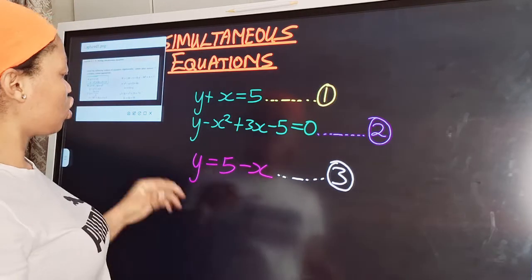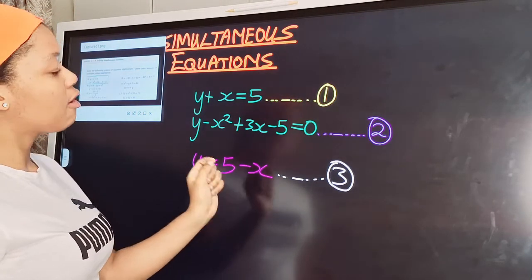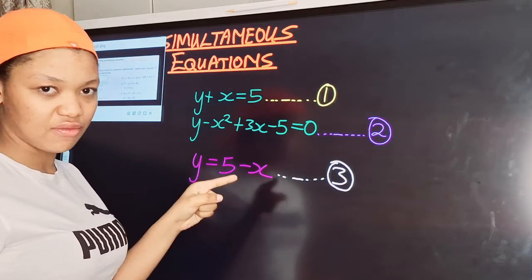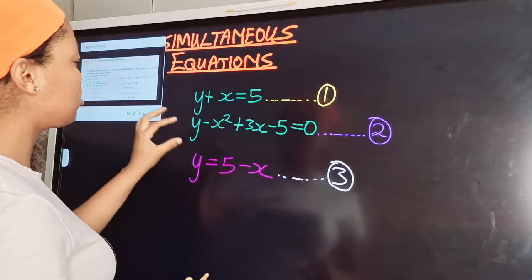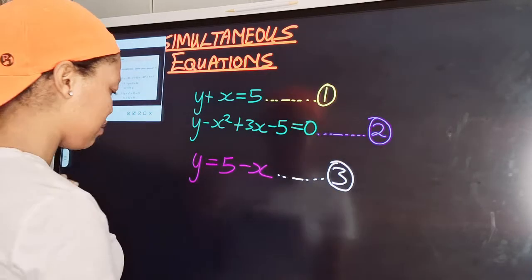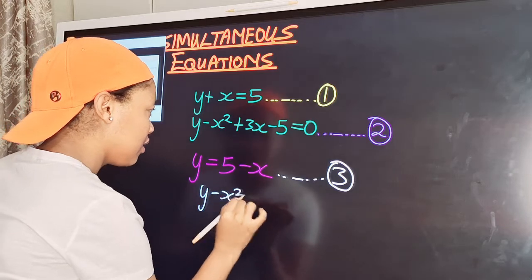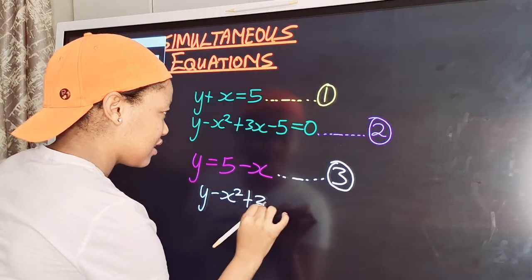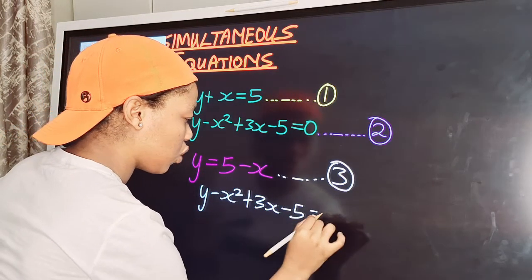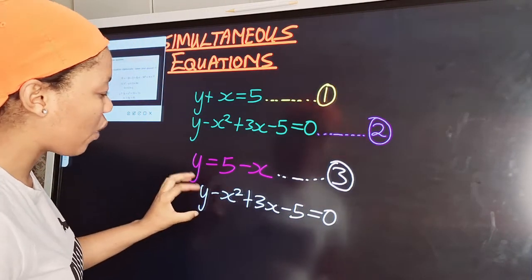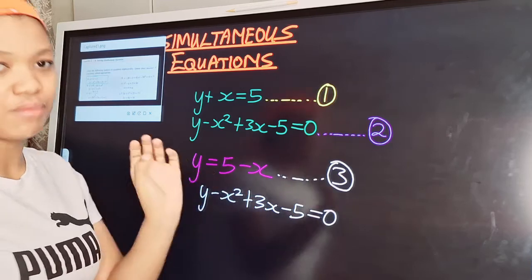So y is equal to 5 minus x. We're going to substitute into equation number 2. Let me write it down: equation number 2, y minus x squared, then plus 3x minus 5 equals 0. In place of y in this equation, we put 5 minus x.